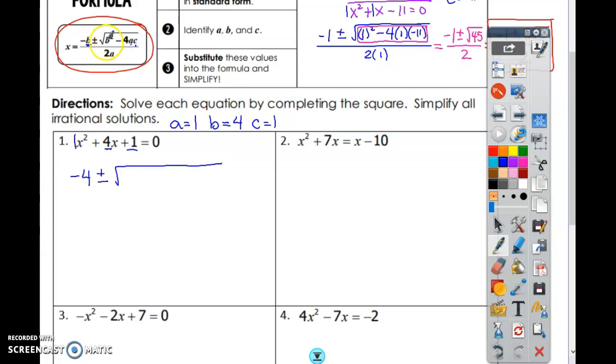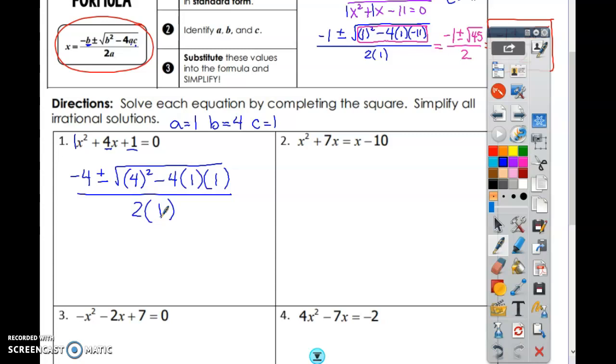Inside I have B squared, so that means it's 4 squared, right? 4 squared minus 4, parentheses, parentheses. This is my A, and then my C. So my A is a 1, my C is a 1. All over 2 times A, which is 1. Any questions about that? Just plugging in the numbers. Okay, you just have to plug in the numbers.